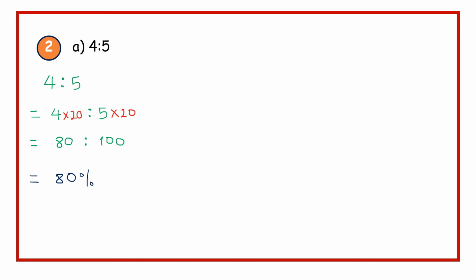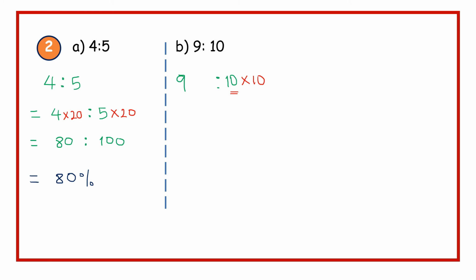Okay? Let us move on with part B. We have got the ratio 9 to 10. So, like we have seen in example A, we need to make sure that we have the second part of the ratio as 100, such that we make a percentage. So if we have 10, to get 100, we multiply by 10.